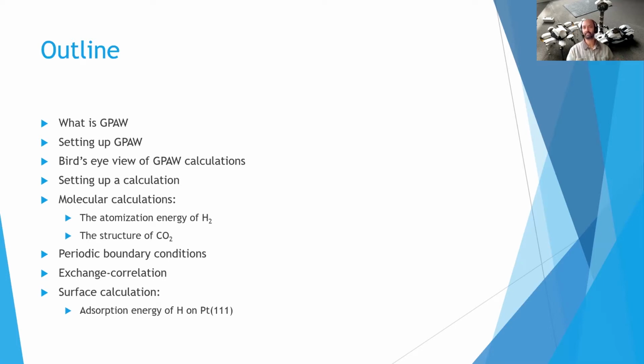I'm going to discuss this in more detail as soon as we get there. But I'll be showing you the main features of using GPAW for adsorption energy calculations and establishing supercells or slabs for any surface calculations. Okay, let's start.